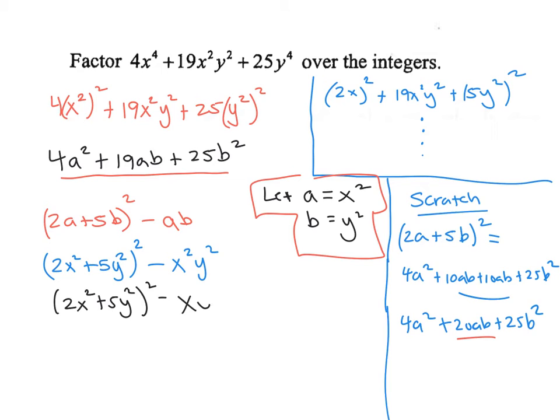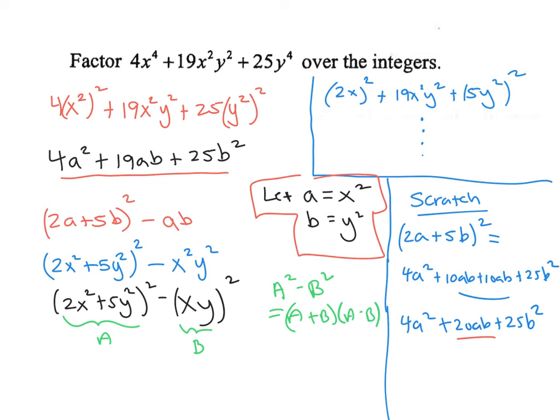But let's view this as quantity xy squared. Let's use some capital letters here. If you view this as capital A and this is capital B, then I'm really looking at something of the form A squared minus B squared, which you can factor to A plus B, A minus B. And so that's what we're going to do.